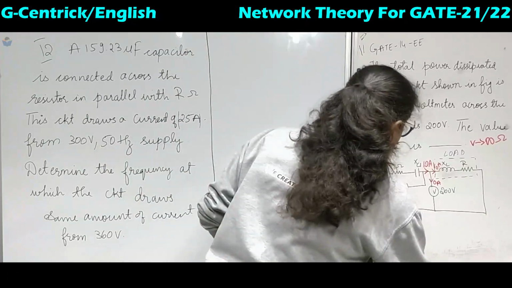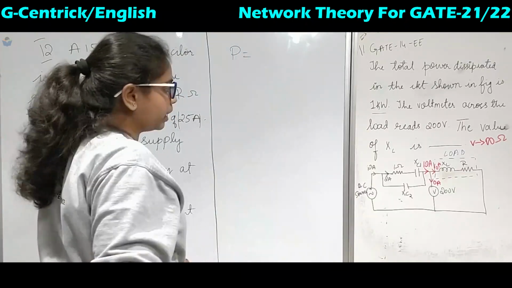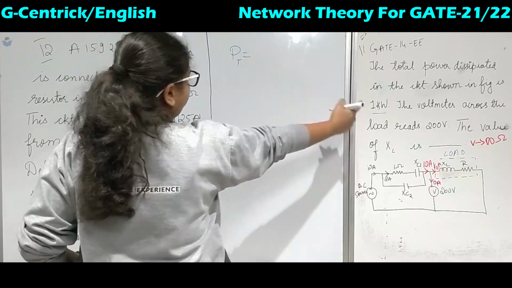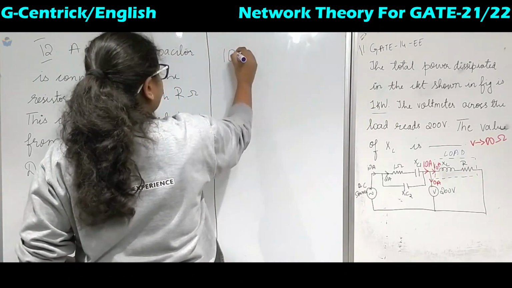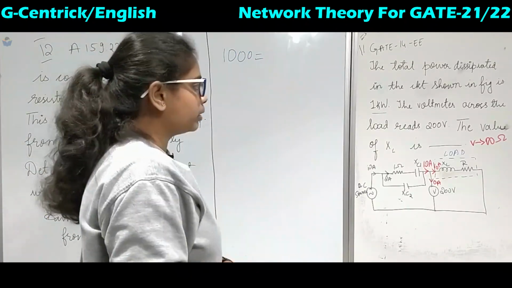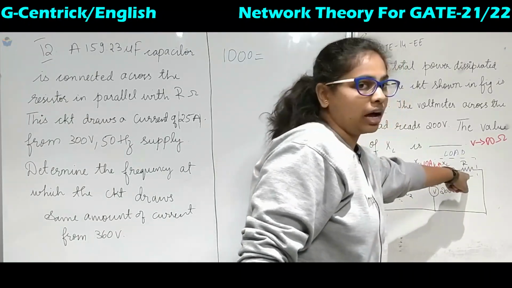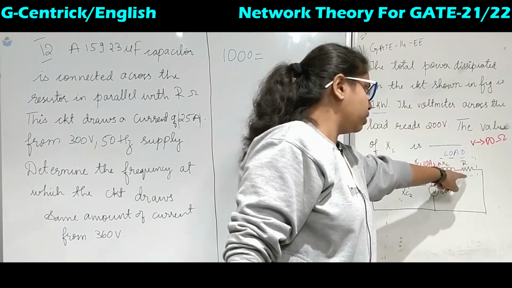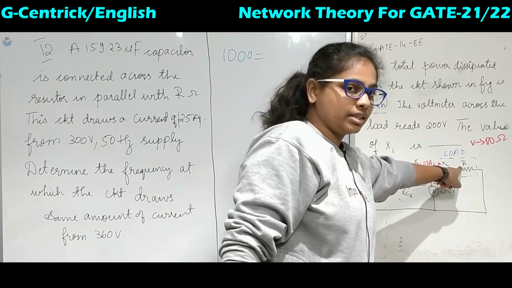So what we can write is that the total power in the circuit is 1 kilowatt, so I will write it as 1000 watts, which will be equal to the total heat dissipated by this 1 ohm element and by this R. For this R, we do not know the voltage, the current, or the resistor value.